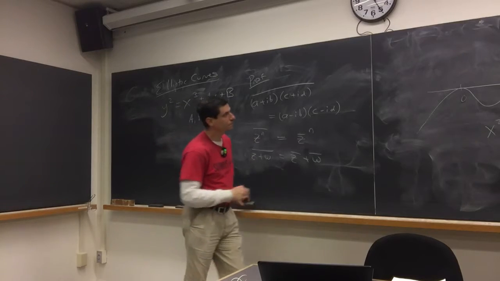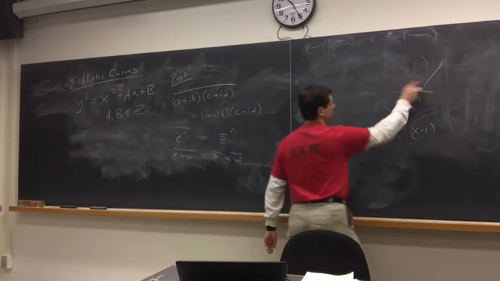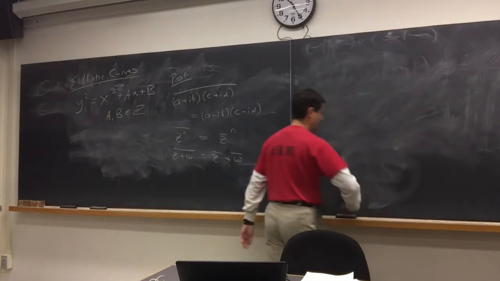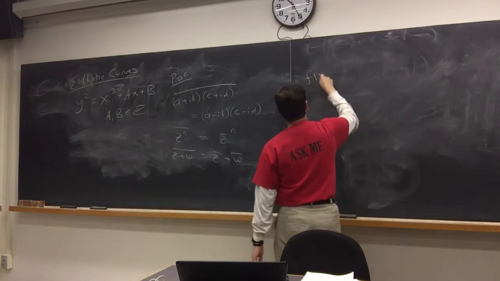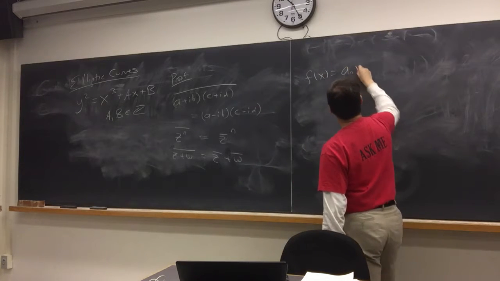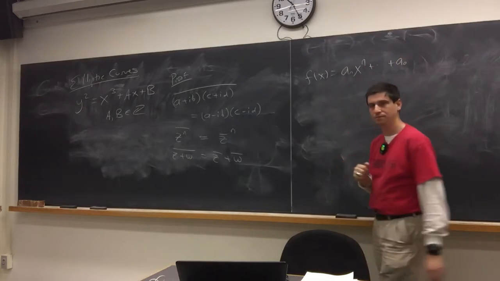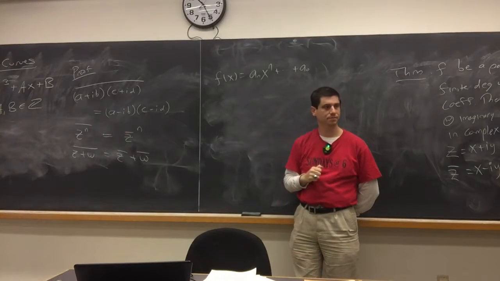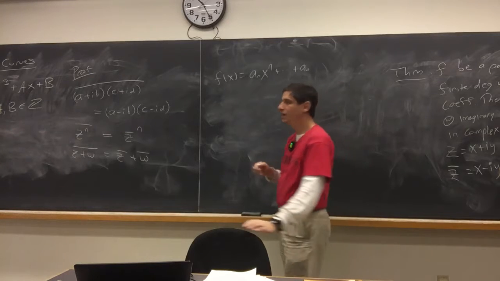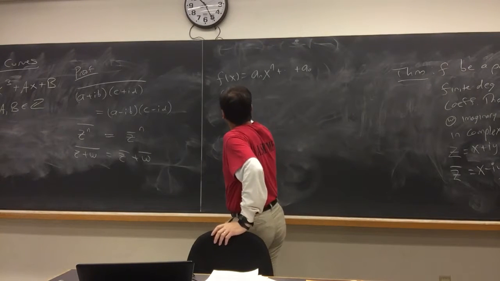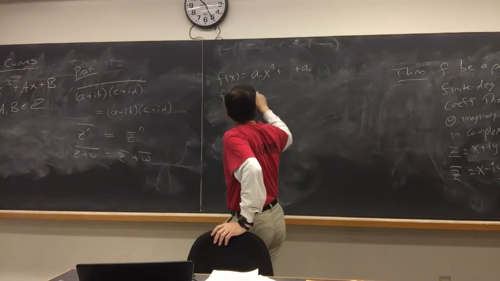Okay. So now, let's say we have f of x is an x to the n plus a0. Okay? And let's say f of z equals 0.